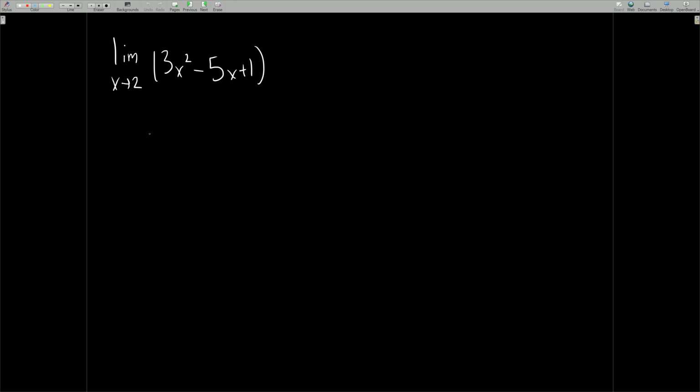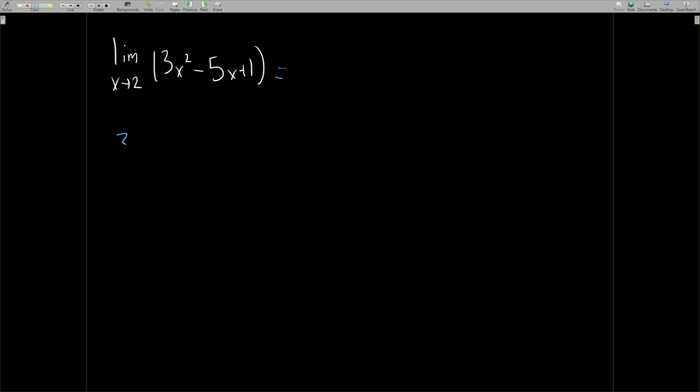First, let me show you how to determine limits using just the equation, not graphs or tables like we used in the last lesson. So if you have, let's say, the limit of 3x squared minus 5x plus 1 as x approaches 2, what would you do in this situation? Well, the best thing to do is to plug in the x value right away.